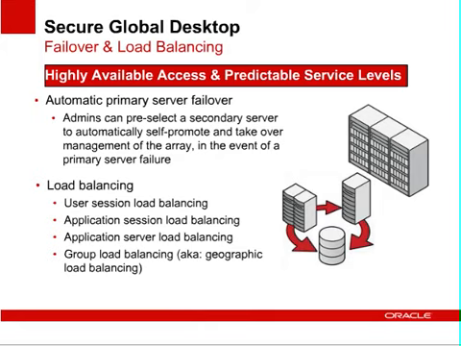So admins will pre-select a secondary server, and it will automatically self-promote when the primary goes down. And what this gives you is a failover capability of the primary without administrator interaction or the response time from 'oops, we had a green light on our display go red, let's figure out why and triage it and then decide you need to fail over because a board died in one of your servers.' So this is automatic for our primary.